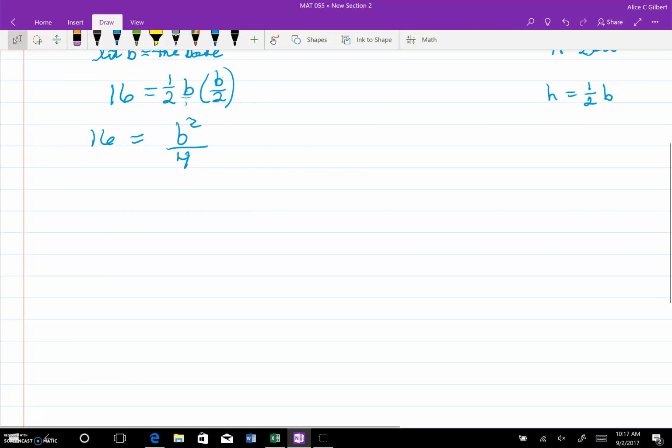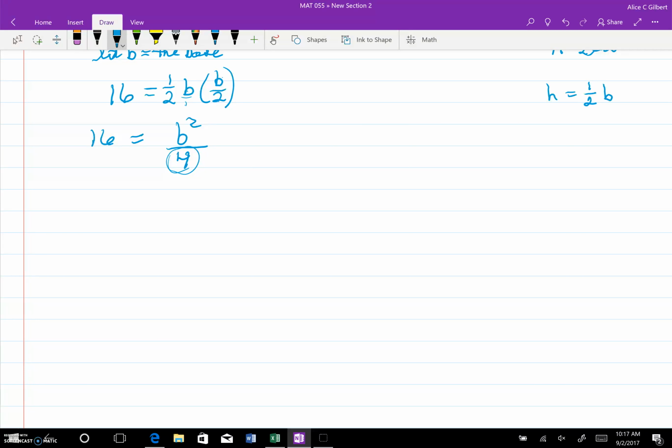Now, whenever we have an equation, and we know that because this is an equal sign, and it has a denominator in it, we always want to multiply by that denominator to get rid of the denominator, okay?